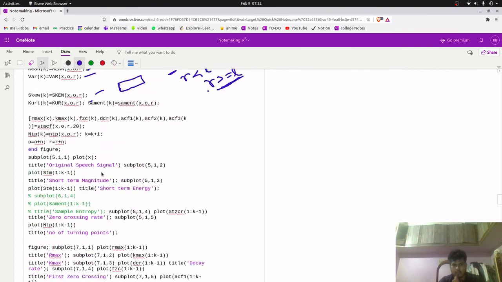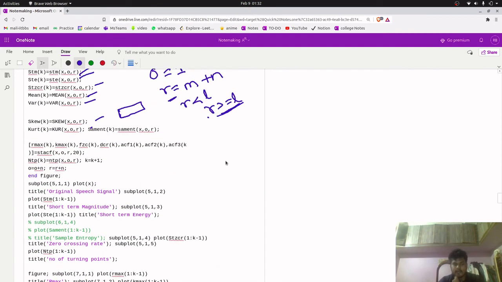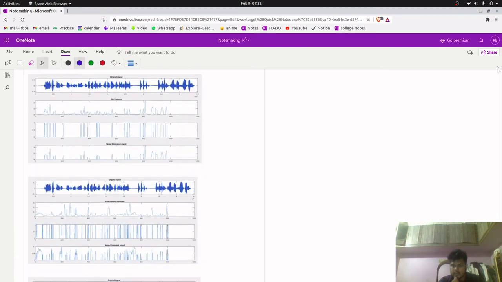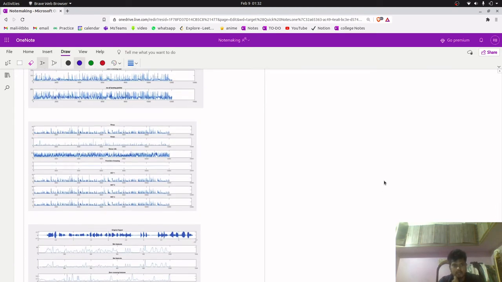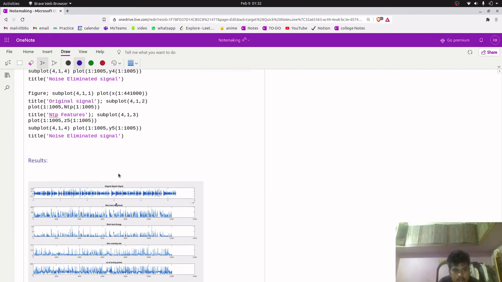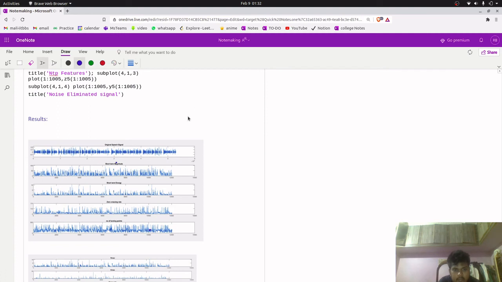Now what is the main objective of our experiment? I will show the results. Now it is the first graph. Our aim is to eliminate this noise.